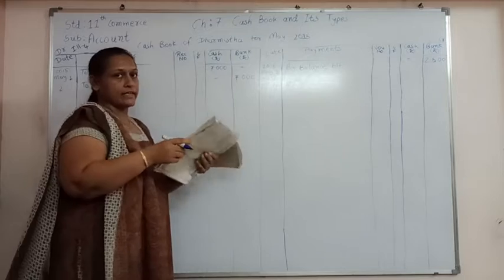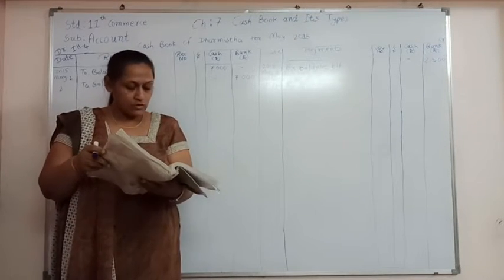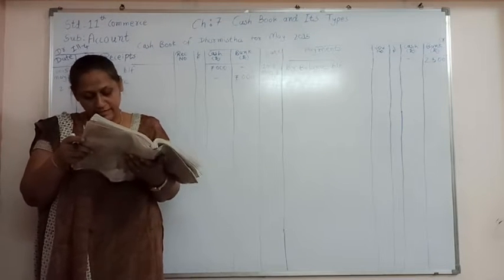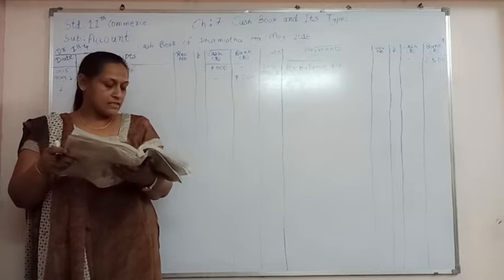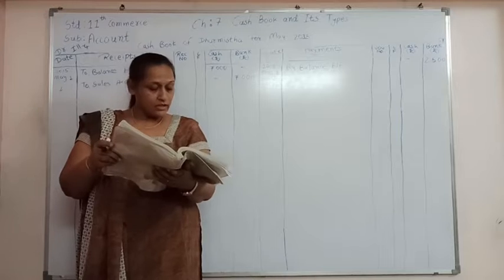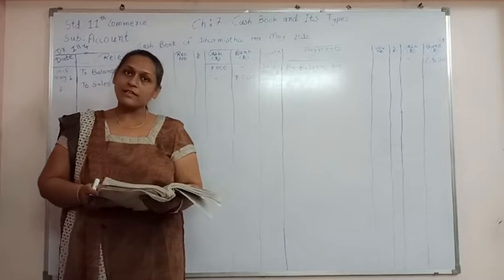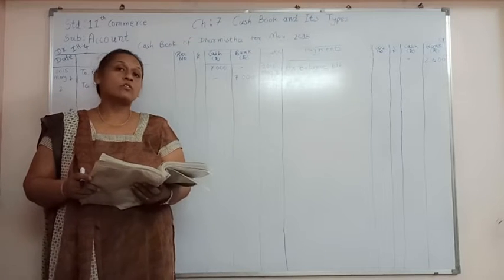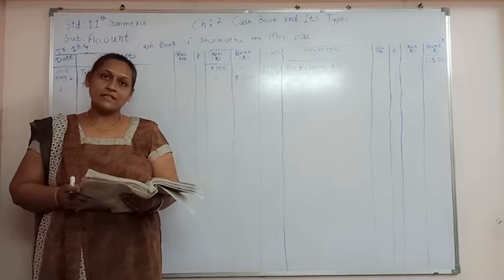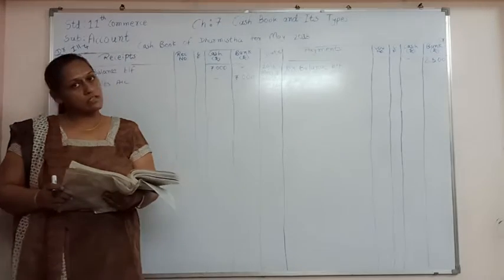Next, goods of rupees 2,000 sold to Ashok at 10% trade discount. 50% amount is received in cash. For the balance amount, a cheque is received, which is deposited in the bank. So here we have sold goods to Ashok of rupees 2,000 with 10% trade discount, that will be 2,000 minus 200. So we have sold goods for 1,800, and half of the amount we have received by cash and half by cheque.